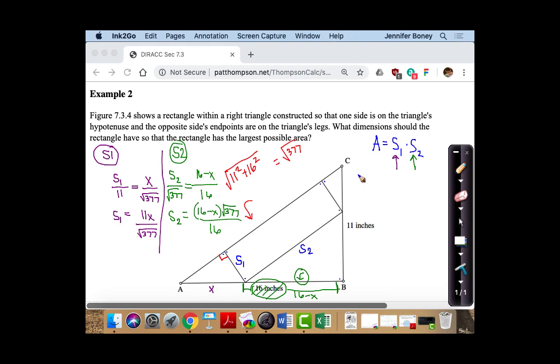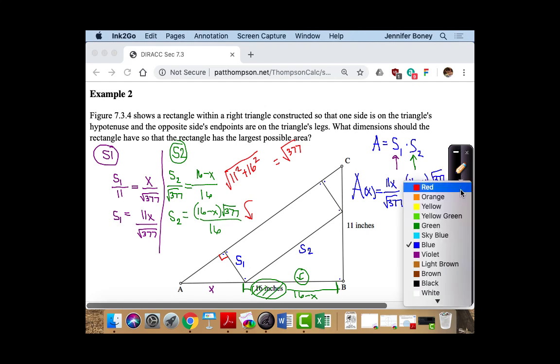So if I write my area as a function of x now, side 1, 11x over that square root, times side 2, length times width, 16 minus x over 16, all times this root 377, wherever you want to put that in.